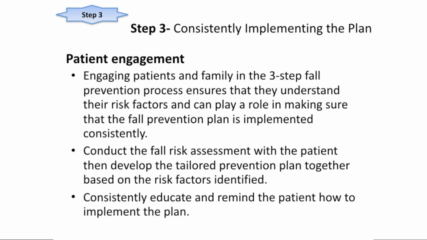Then we have to consistently educate and remind the patient about how to implement the plan. Having a poster like the Fall Tips poster at the bedside, with the results of the risk assessment and the plan to prevent a fall, and using that as a cue to remind the patient at least once a day, can really help patients and family help you to consistently implement the plan.